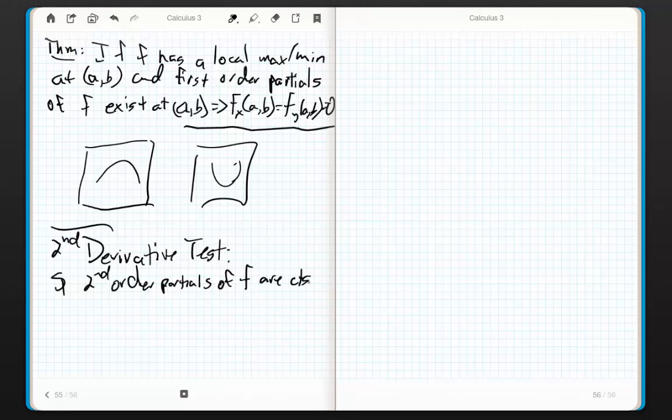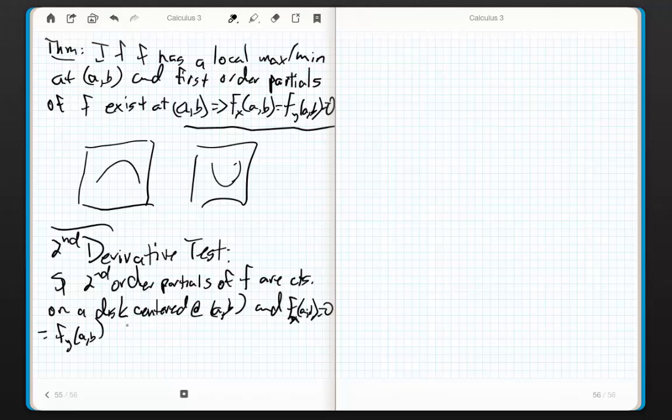They exist on a disk, just like what we talked about before, centered at AB, and the partial with respect to x at AB equals 0 equals the partial with respect to y at AB.